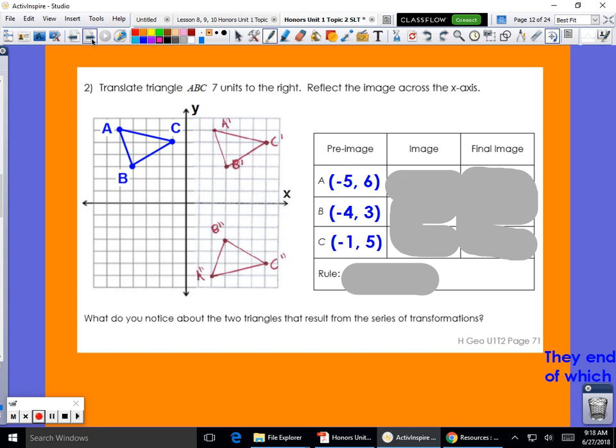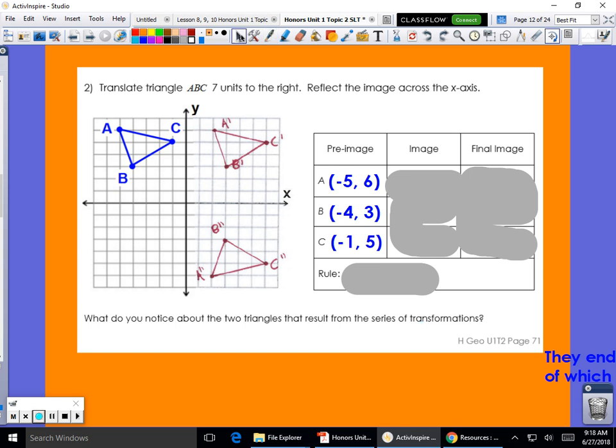So now what they're doing is they're saying, okay, what if I did the 2nd transformation first? If I translate first and then I reflect over the x-axis, is that going to change anything? So what happens if we translate first and then reflect second? And it asks, what do you notice about the two triangles that result from the series of transformations? So look at number 1 and number 2 and see, did they end up in the same place?